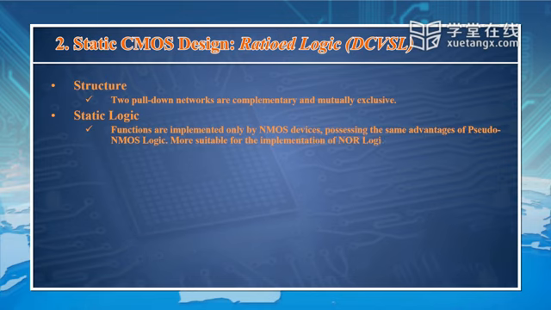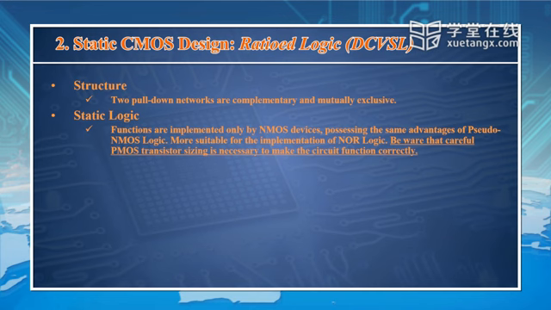NOR logic, because we don't want transistors in stack, in series. That's NAND logic. So in NOR logic, we want transistors in parallel. Okay? Be aware that careful PMOS transistor sizing is necessary to make the circuit function correctly.